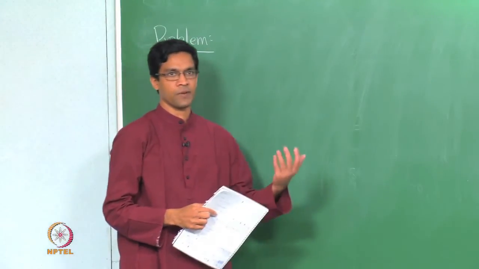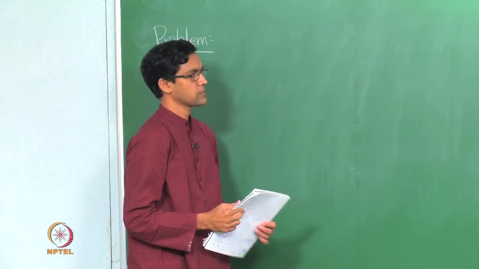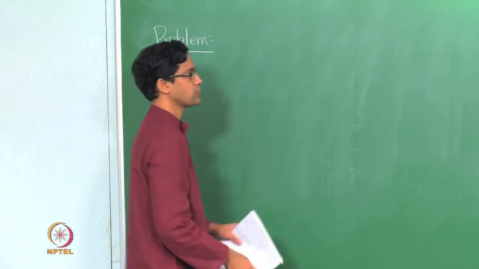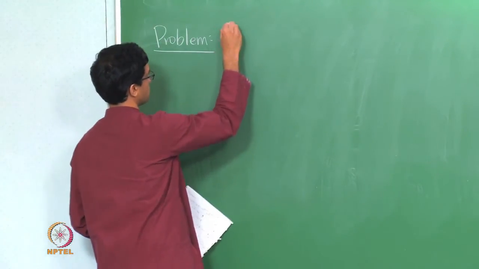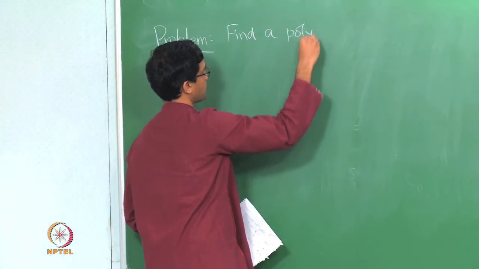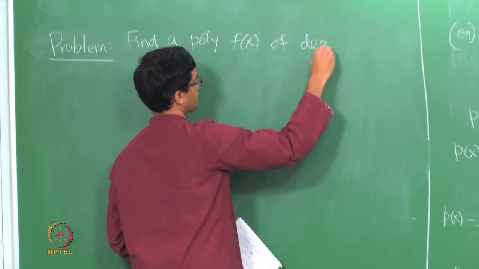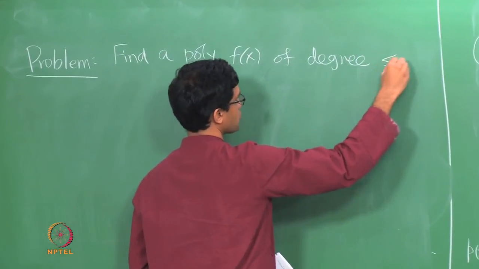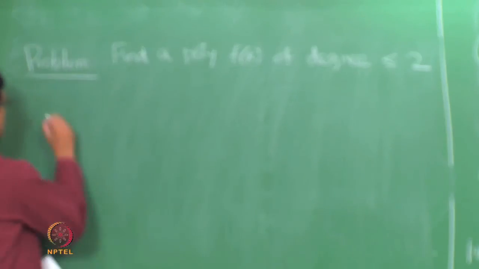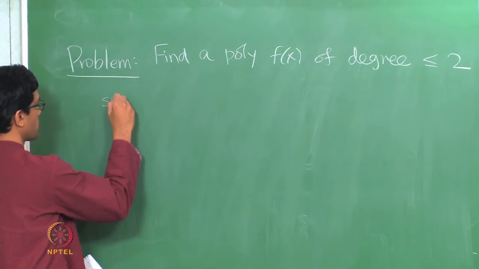So let us just do a simple example where this property of the orthogonality with respect to the integral is useful. So it says the following: find a polynomial of degree, let us say, of degree at most 2, satisfying the following properties.